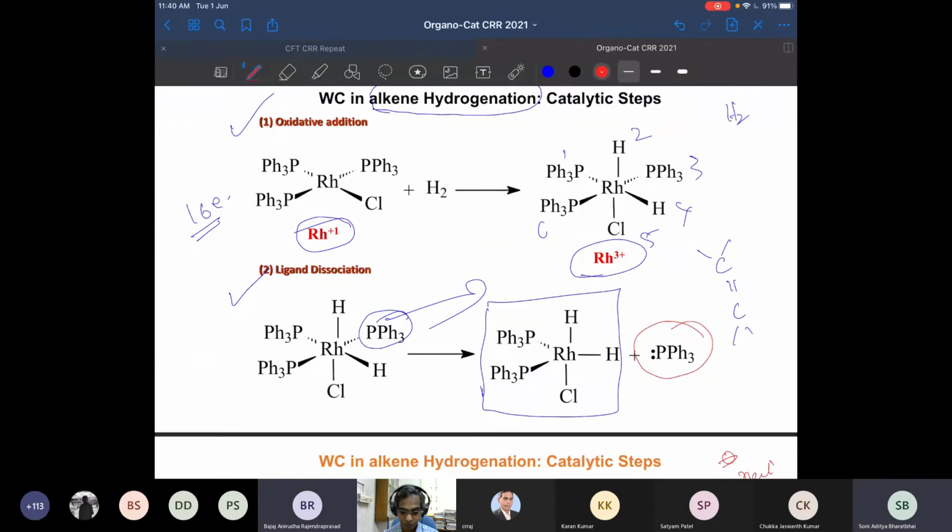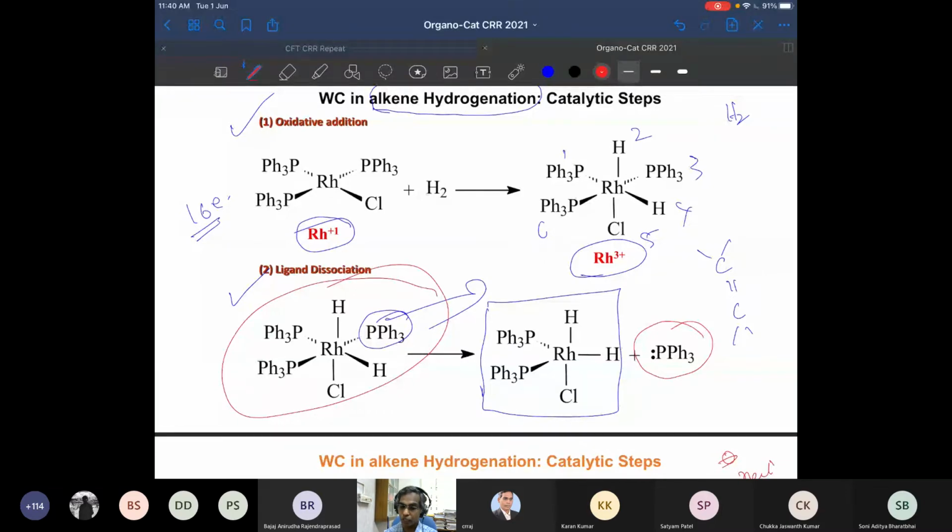Right, your dissociation will be suppressed. Dissociation will not take place if I have an excess. The equilibrium will be shifted to the original complex after the oxidative addition. So your alkene cannot come and coordinate. As a result, the rate of the reaction will decrease.